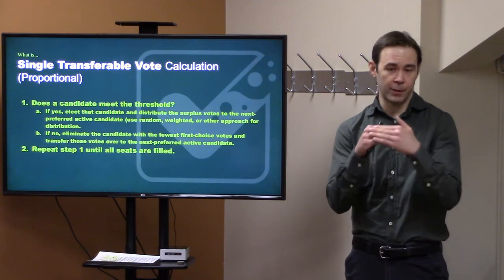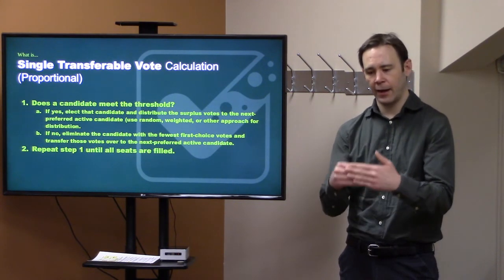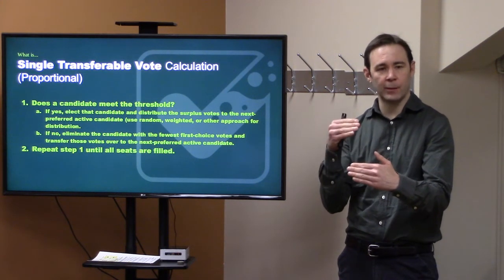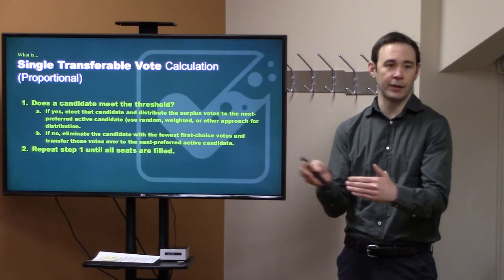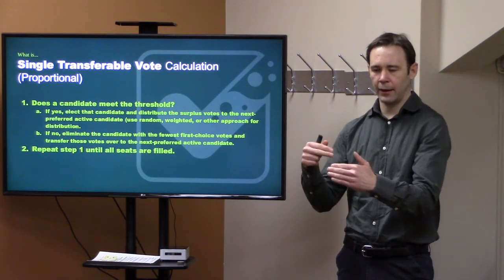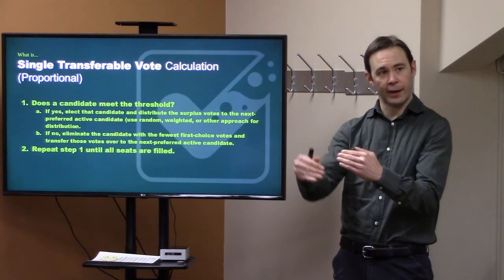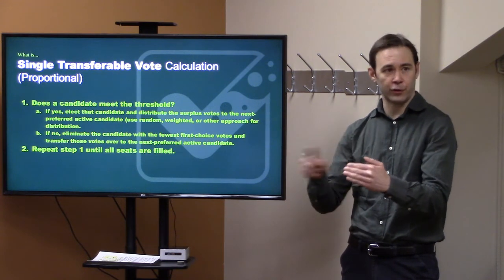But there's a particular threshold that's sensitive to the number of candidates being elected. And if a candidate is able to surpass that threshold, then they get a seat, and all the first choice votes that went over the threshold that were needed get reallocated to their next choice preference.